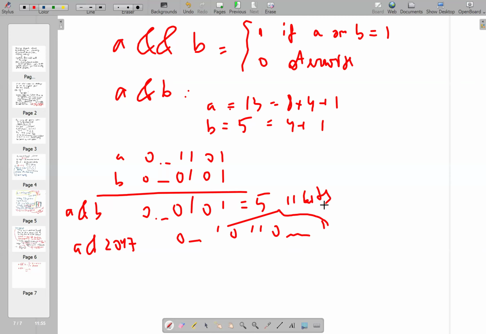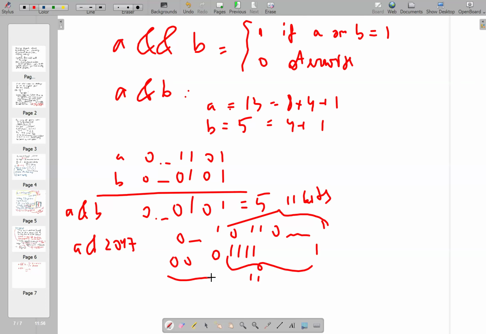And now 2047 is 12 bits, right? I wrote here 12 bits as 1. This is 0, and then go all ones, 11 of them. Because I take now bitwise AND, all those numbers for A remain as they were, because making bitwise AND with 1 doesn't change them at all. But anything which is over here goes away. I use it like a mask. 2047 works like a mask, which makes all the rest zero except the lowest 11 bits.